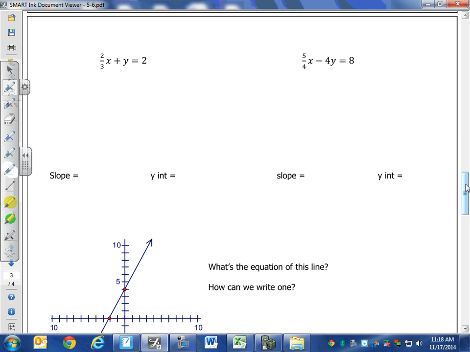What about these two? Solve them for y so that you can find the slope and the y-intercept.